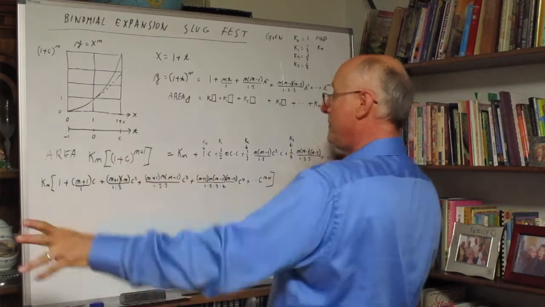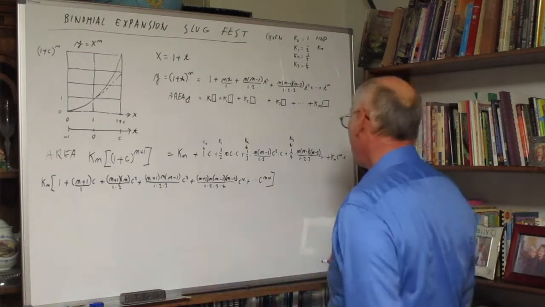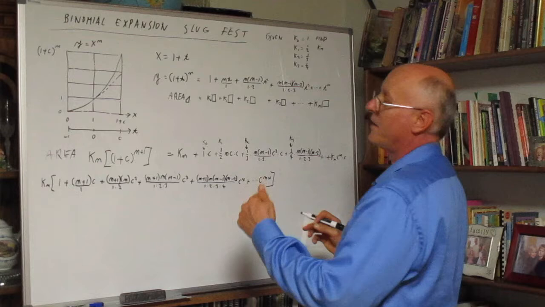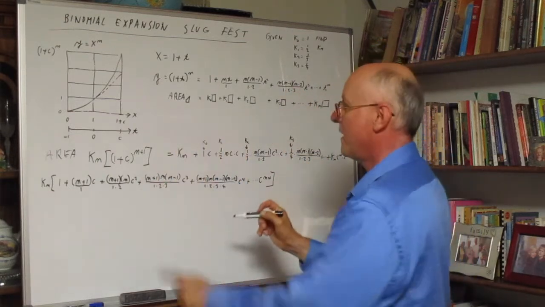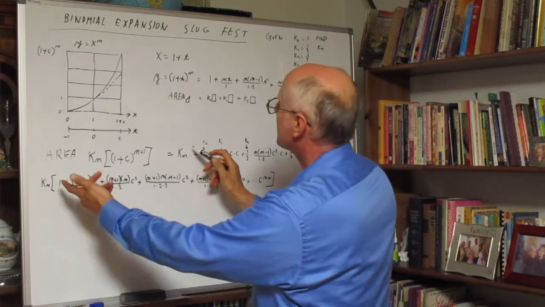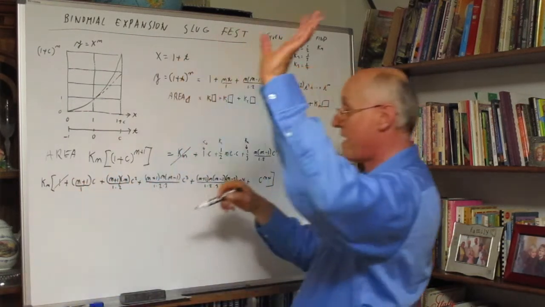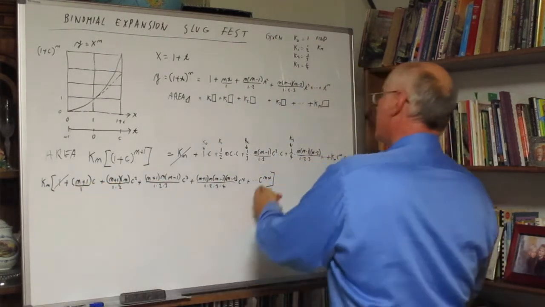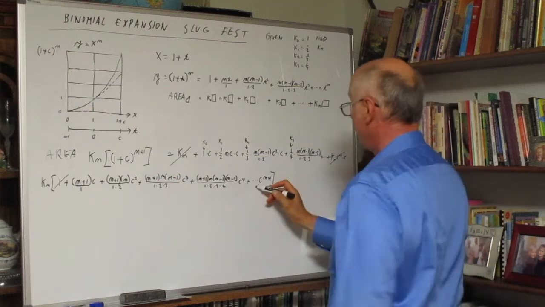That's right. Checking my notes. Some things are going to cancel. And you've seen that in my previous videos where I did a simpler thing, but it's always the bookends, right? K sub n times 1, this one cancels this one. And the other side, k sub n times c to the n plus 1, that'll be this one.